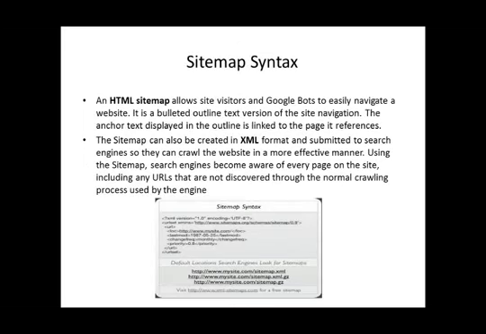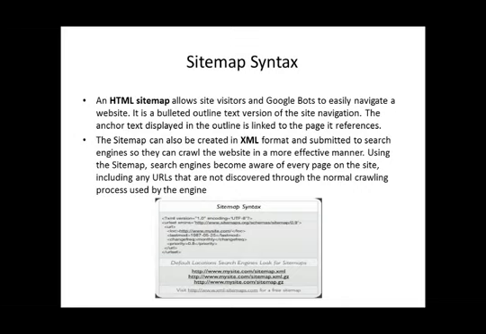One of the very important things when it comes to coding and to crawling of all the URLs on a website is sitemap syntax. Primarily, sitemaps are of two types. One is the HTML sitemap, which is for both users and Google crawlers.